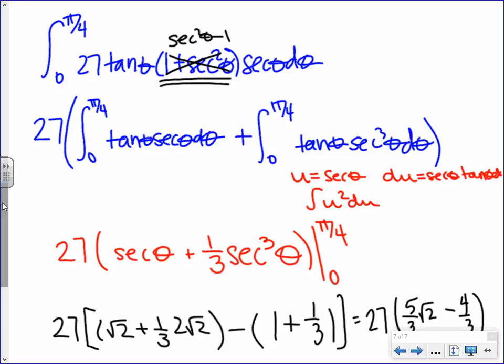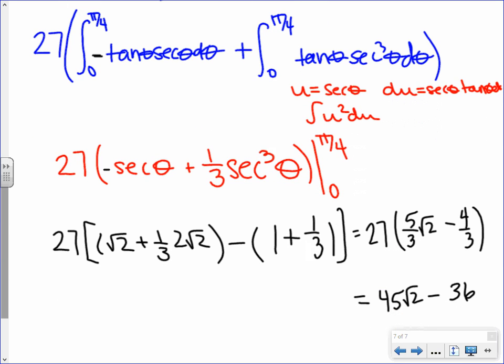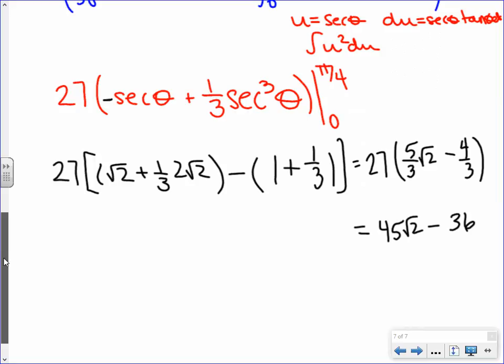Okay, all that's going to change is that this is going to be negative. It's just changing a sign. It's going to be okay.